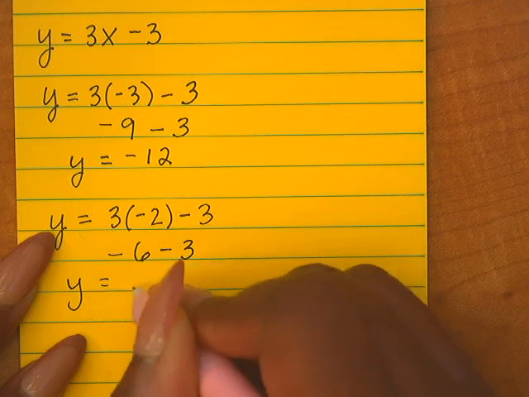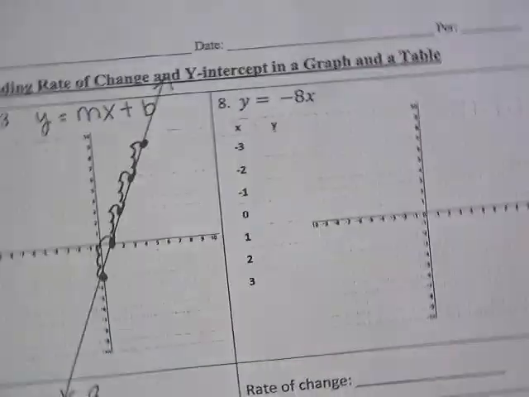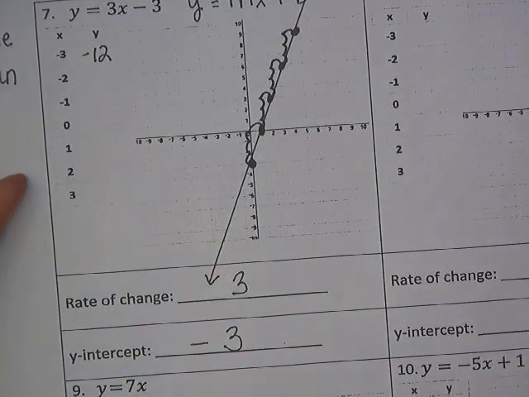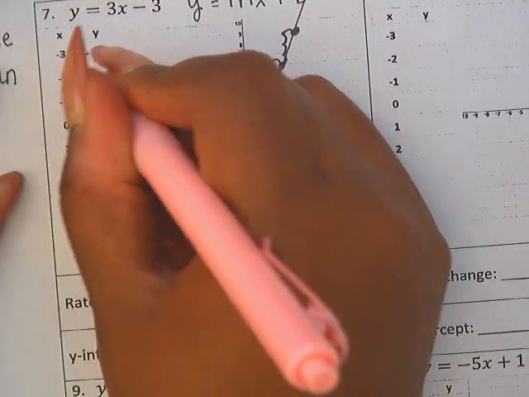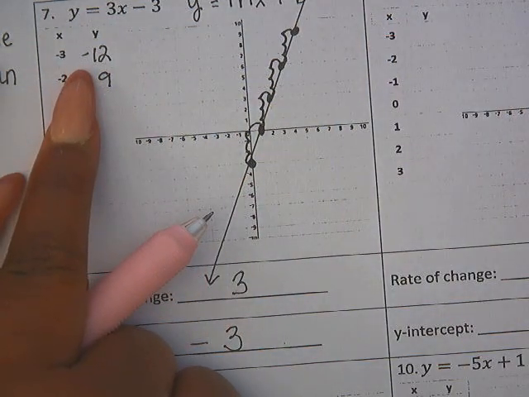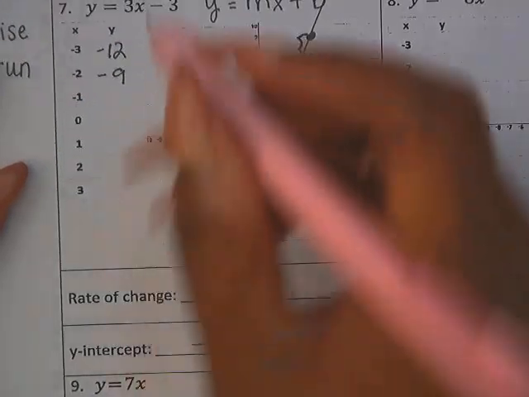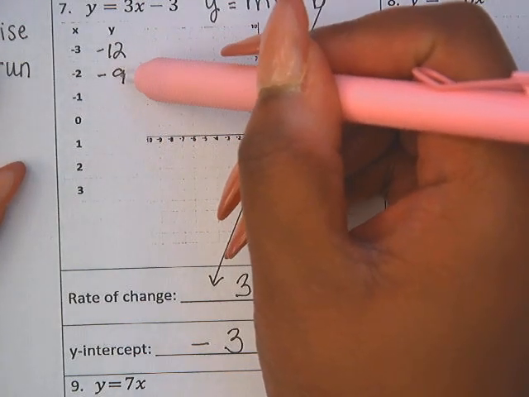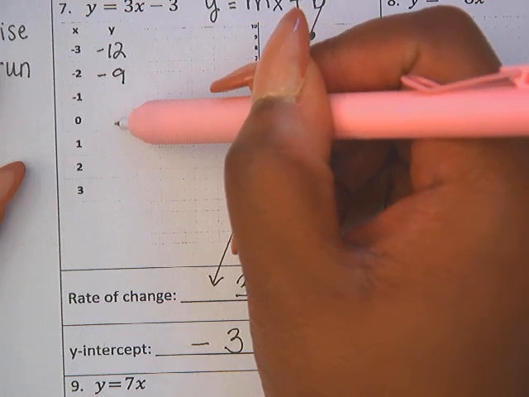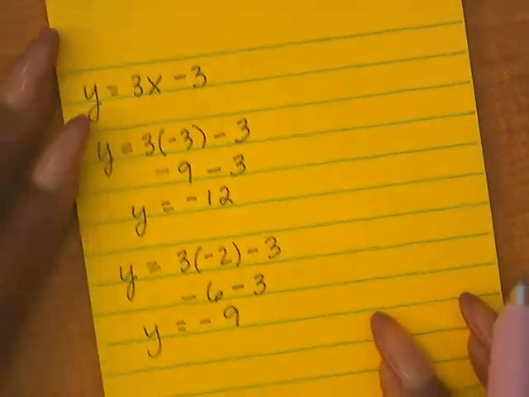Y is equal to -9. So in our table, where x is -2, y will be -9. Now soon you will see the pattern established. We said that our rate of change was 3. So for our y values, you will see that these will increase by +3 because that is our rate of change. But let's do a couple more examples.